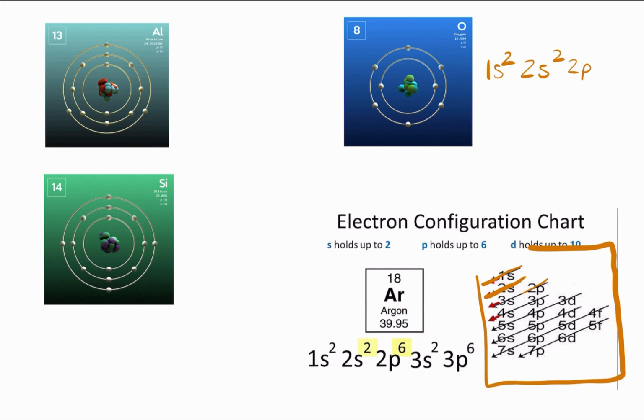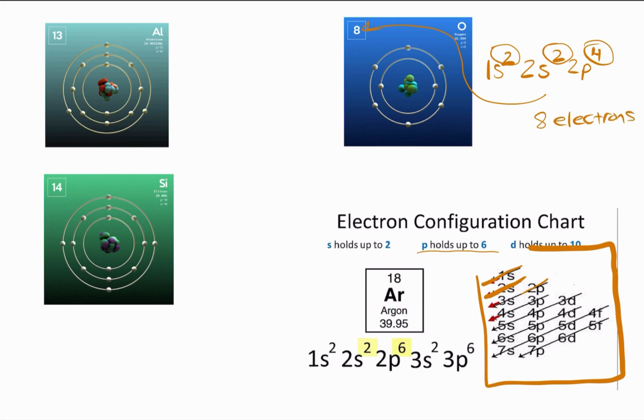P holds a maximum of 6. But we don't need all 6. We just need 4 more. So we can just say 2p4. And that's it. 1s2, 2s2, 2p4. And that gives us our 8 electrons, right? 2 and 2 and 4 is 8 electrons.